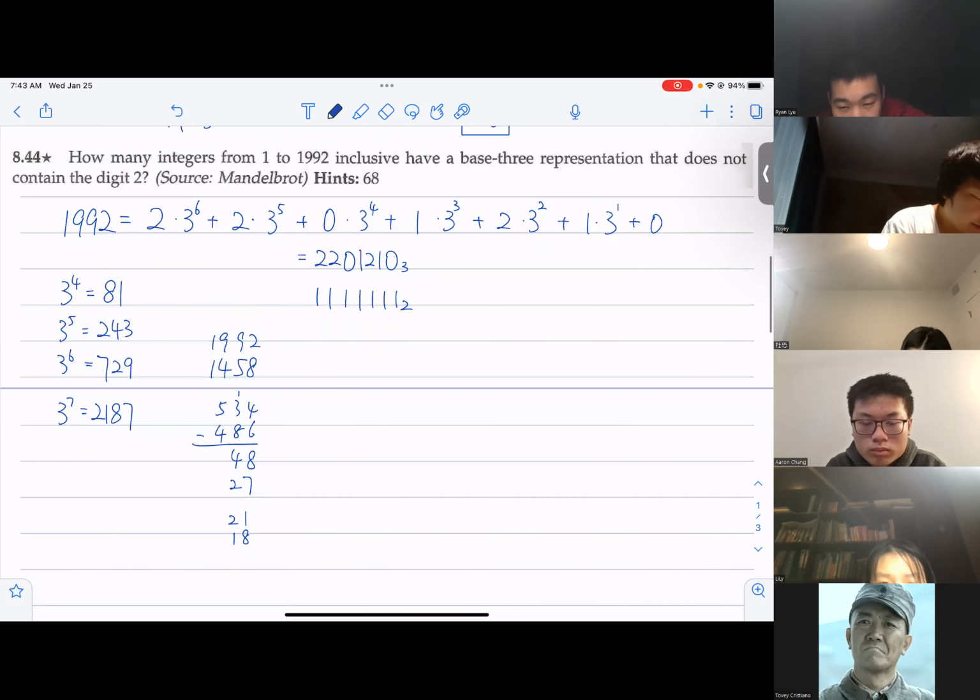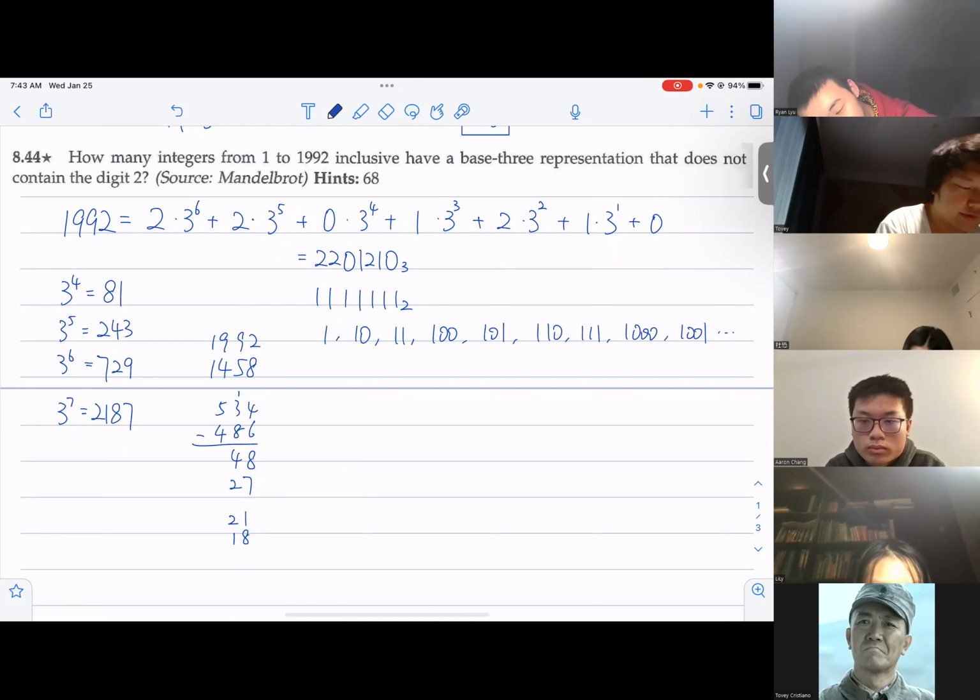Basically all the numbers you can have are 1, 10, 11, 100, 101, 110, 111, and then 1000, 1001, etc. Because there's no digit 2. You cannot use digit 2. So even if you're in a base 3 system, only these numbers can be counted.